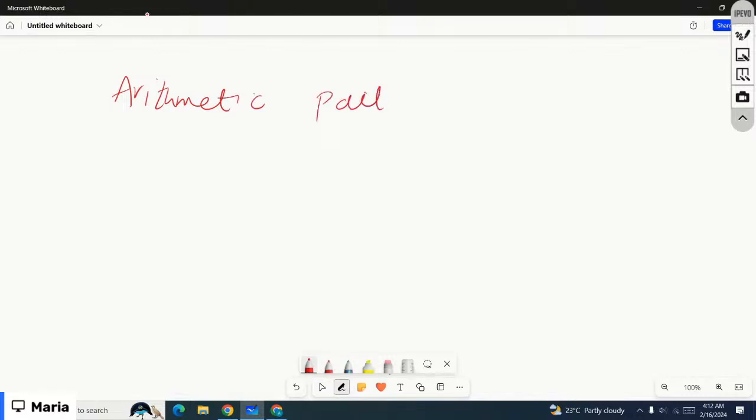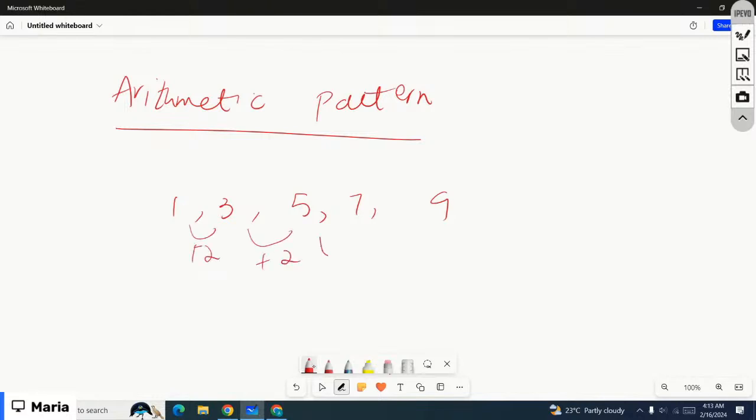What does arithmetic pattern mean? If you get the next number by adding the same number, that is the arithmetic pattern. 1 plus 2 is 3, 3 plus 2 is 5, 5 plus 2 is 7, 7 plus 2 is 9.